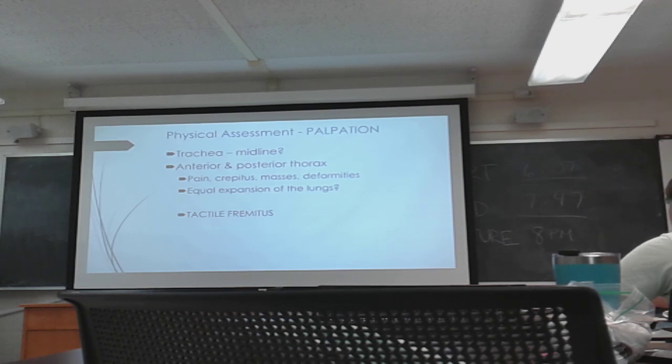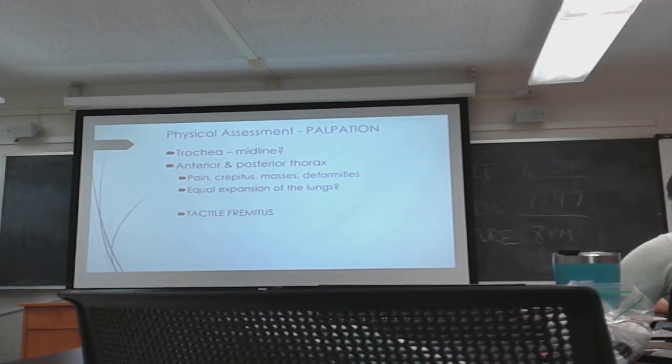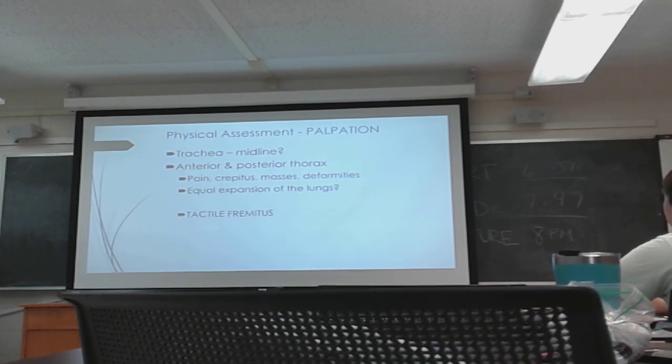If there's more or less vibration, it could be indicative of pneumonia or pleural effusion, when the lung fields are filled with fluid. It's not going to be as vibrating. Vibrating is not a word, but that's the best word I can use to describe it.